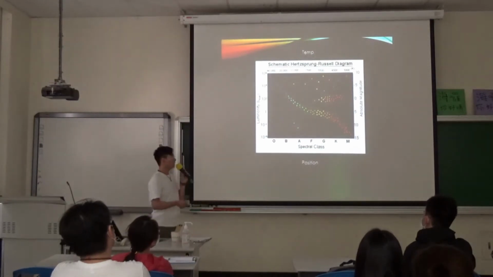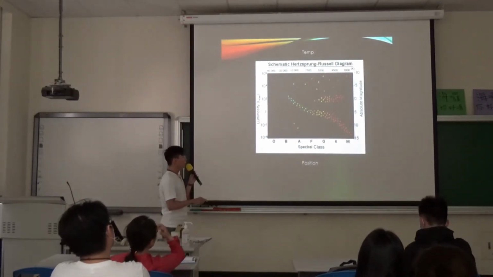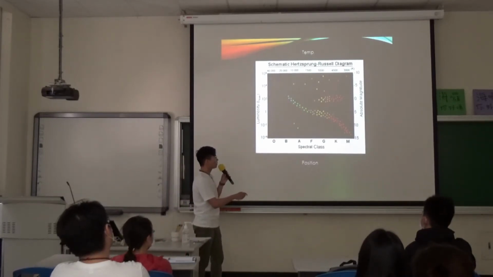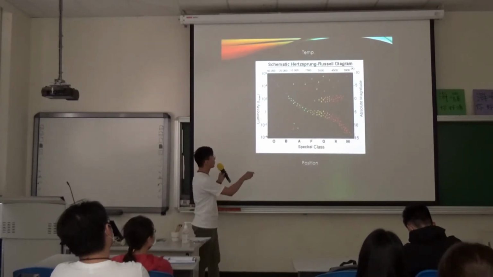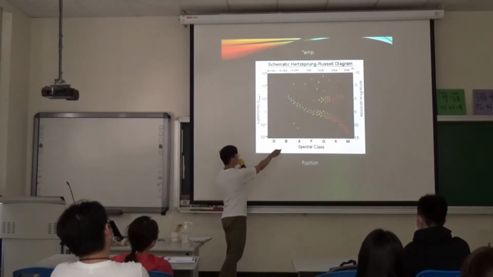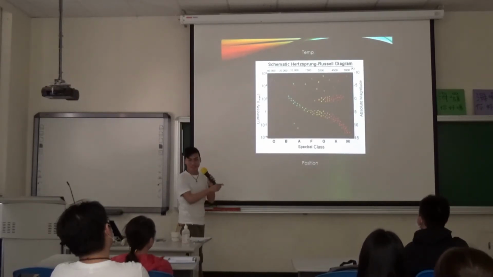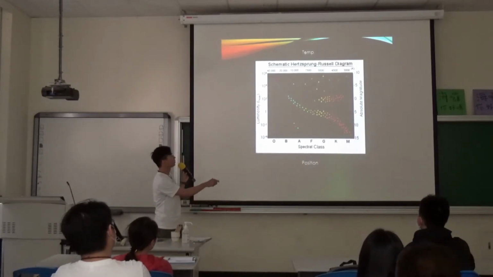And so, as I say, this is the HR diagram. This is also the spectral class. It means the position. If you want to explain this, you can also say B and 10 to the minus 2.